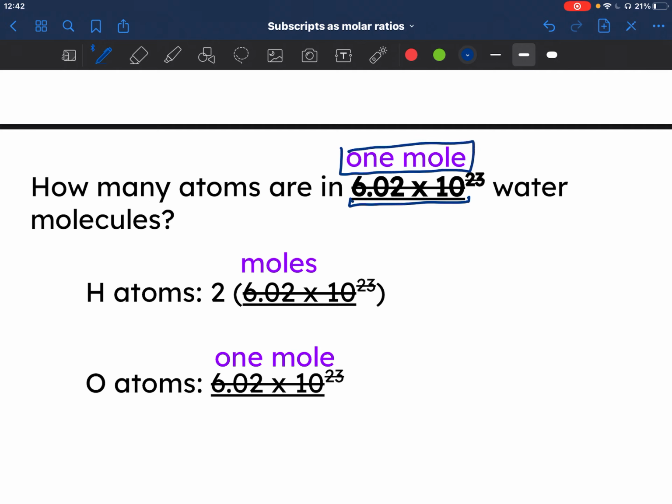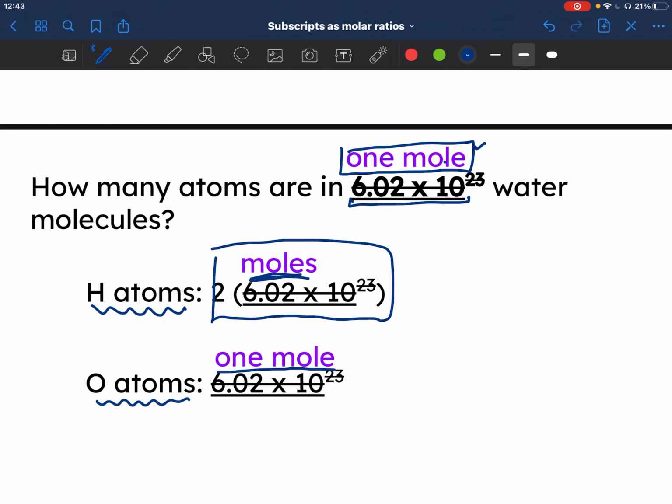Wherever I see Avogadro's number, I can just replace it with mole. So how many atoms are in 1 mole of water molecules? Well, 2 moles. Instead of saying 2 times 6.02 times 10 to the 23rd, I can just say 2 moles of hydrogen atoms and 1 mole of oxygen atoms.